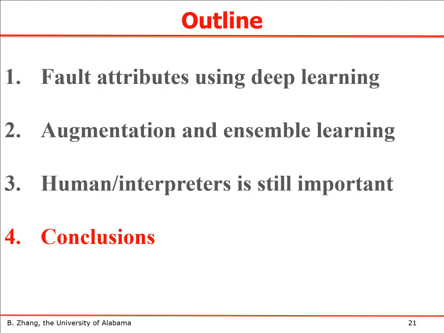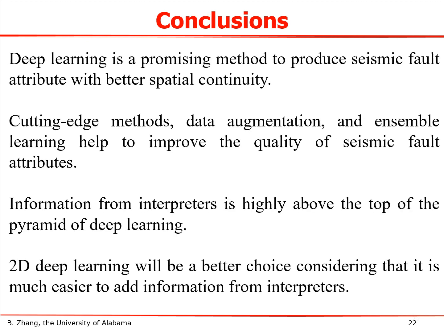Based on the testing, I'm going to draw the following conclusions. Deep learning is a promising method to produce seismic fault attributes with better spatial continuity. The cutting-edge deep learning methods, data augmentation, and ensemble learning help to improve the quality of seismic attributes.